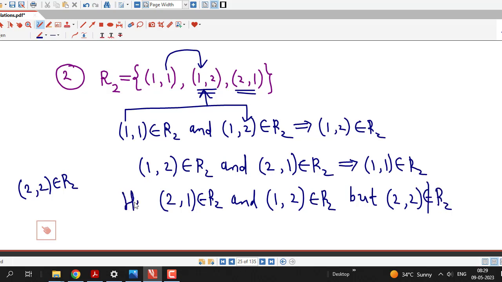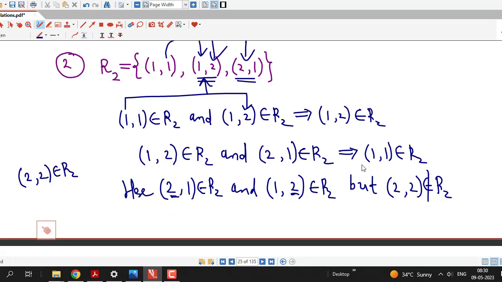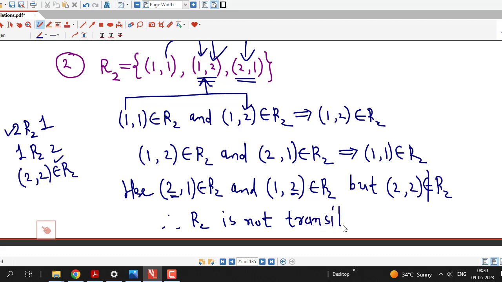Here (2, 1) is present in R2, (1, 2) is present in R2, but (2, 2) is not present in R2. In other words, 2 is related to 1 and 1 is related to 2, but 2 is not related to 2. Therefore, R2 is not transitive.